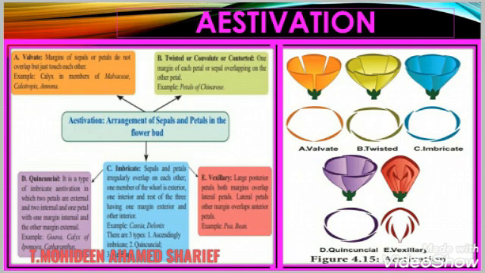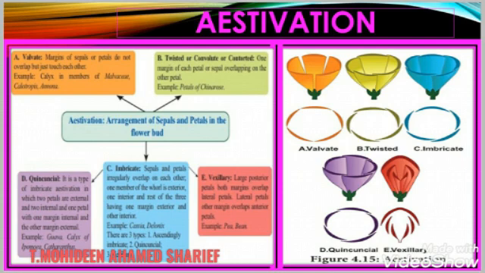In twisted, one margin of each petal or sepal overlaps on the other petal. Imbricate, sepals and petals irregularly overlap on each other. So like that there are 5 aestivations in the sepals and petals.